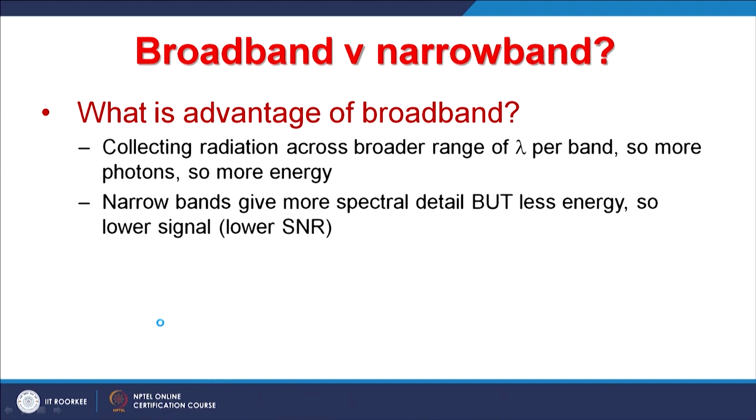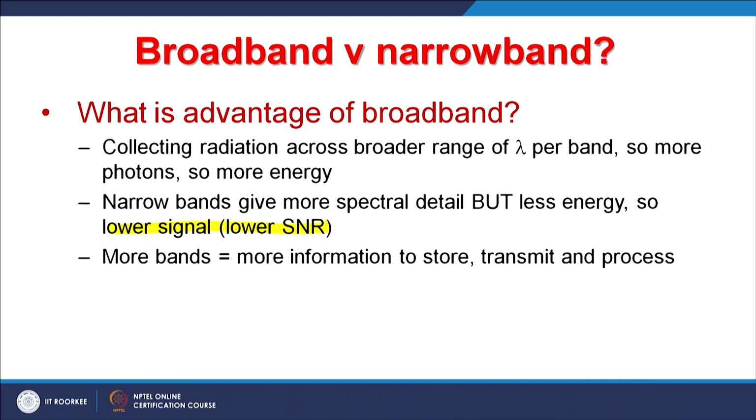So, in thermal infrared narrow bands are not possible. Narrow bands give more spectral detail, however less energy is available to be registered, so lower signal or lower signal to noise, and more bands mean more information to store, transmit and process. So, if the application really requires it, then one should go for multispectral or hyperspectral.